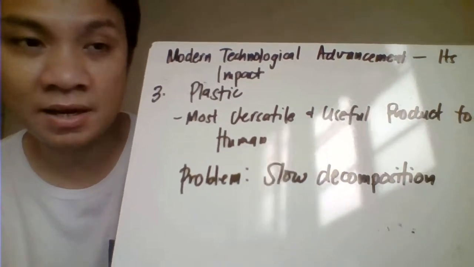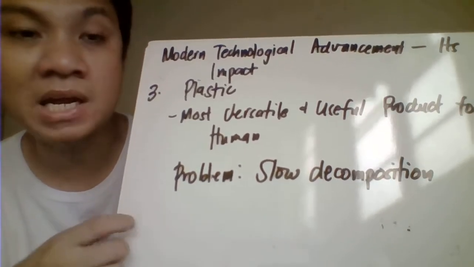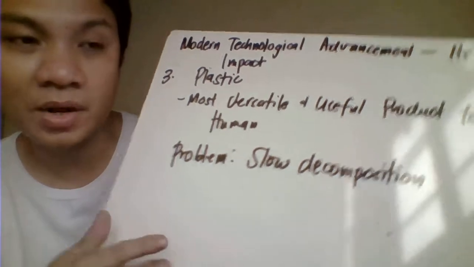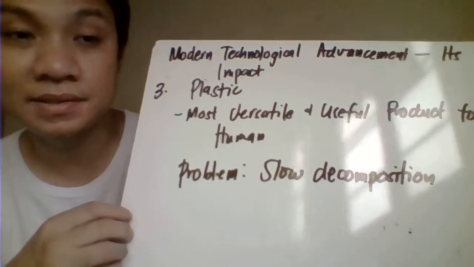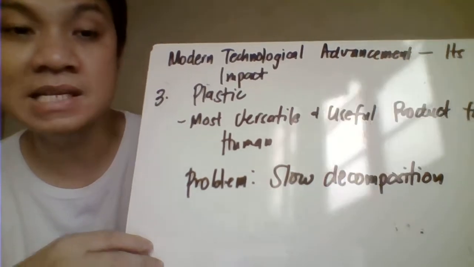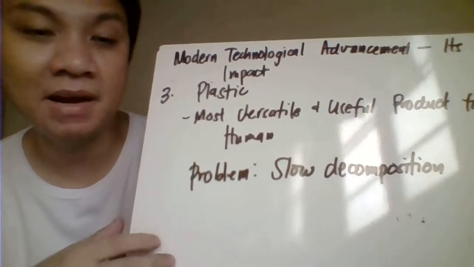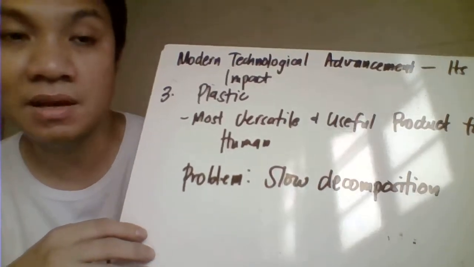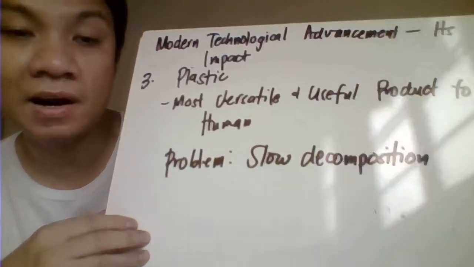We have already watched films and clips wherein, for example, whales or dolphins die and plastic that they ate is recovered. Marine animals mistake the plastic for their food, so they eat it since it's not actually food. They suffocate and eventually our marine animals die. So that will be the ill effect. It has been identified that almost 100,000 marine animals have been killed because of plastics piling up in our bodies of water.